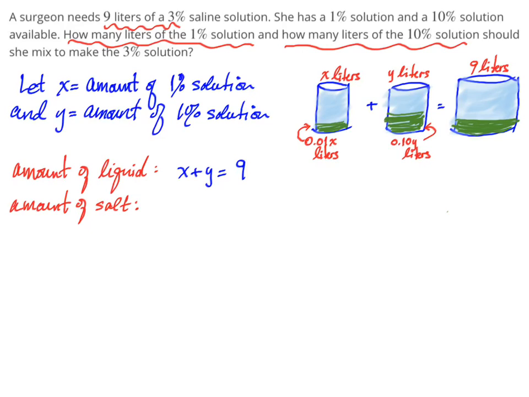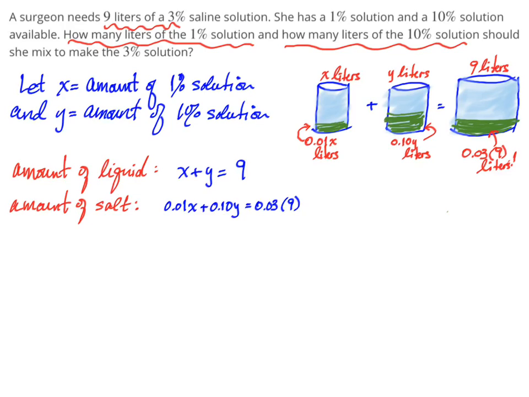And in the last container, there's 9 liters, but 3% of that should be salt, so it's 0.03 times 9. So the second equation is 0.01x plus 0.10y is equal to 0.03 times 9. This is our system of equations.